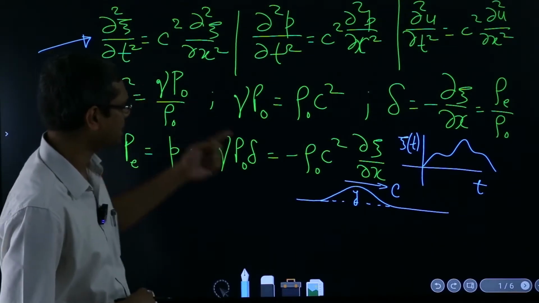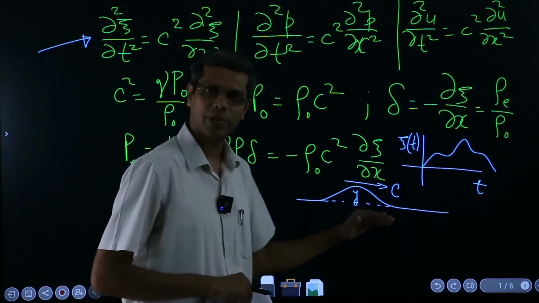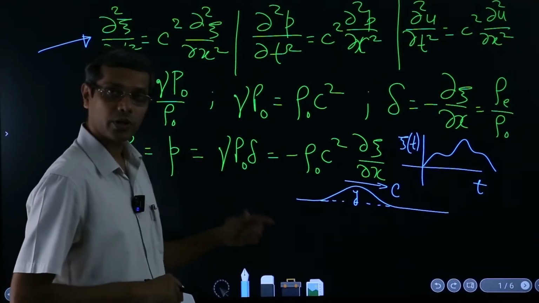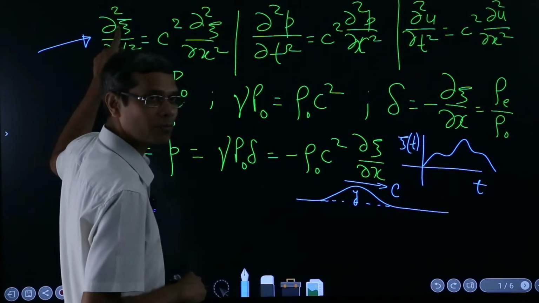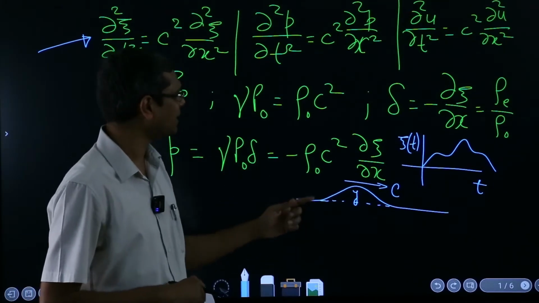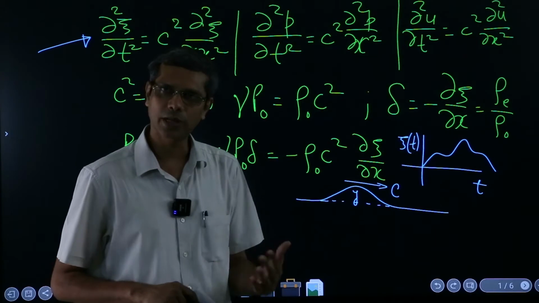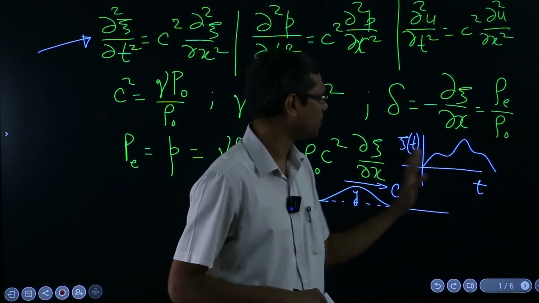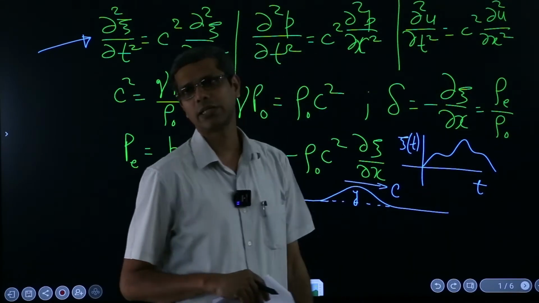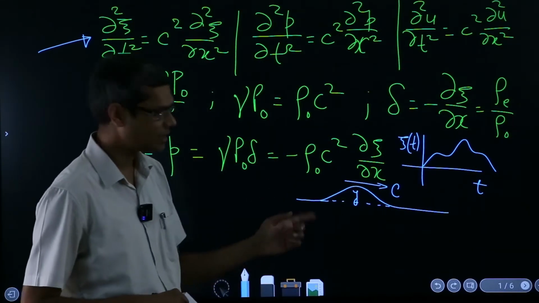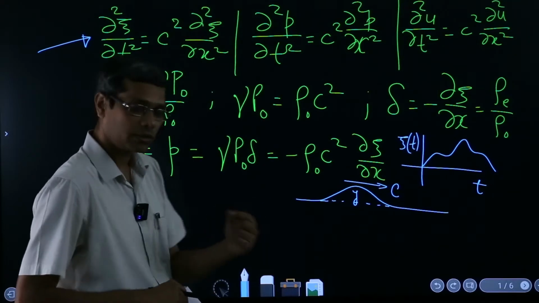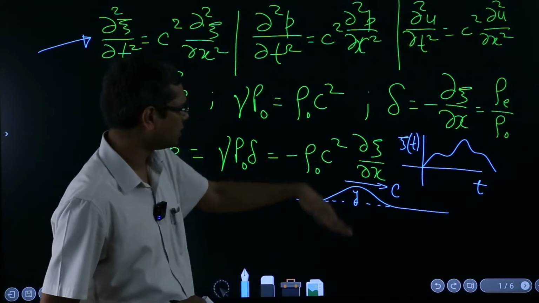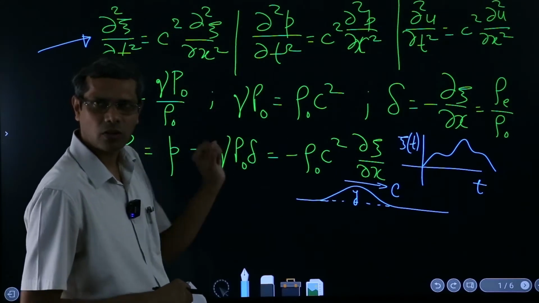Because this displacement also follows exactly the same equation, we can claim analogously that this shape will move without any change of shape and size at the same speed. The only difference is that those were transverse displacements and these are longitudinal displacements.